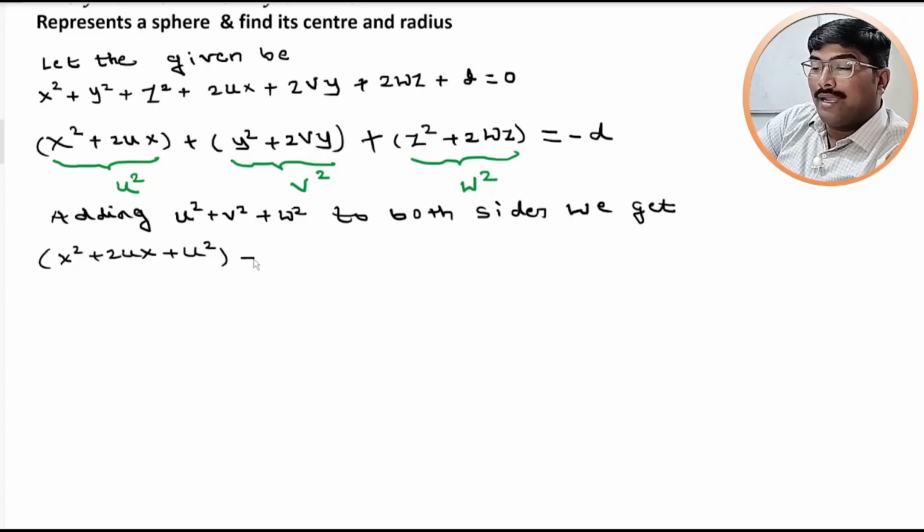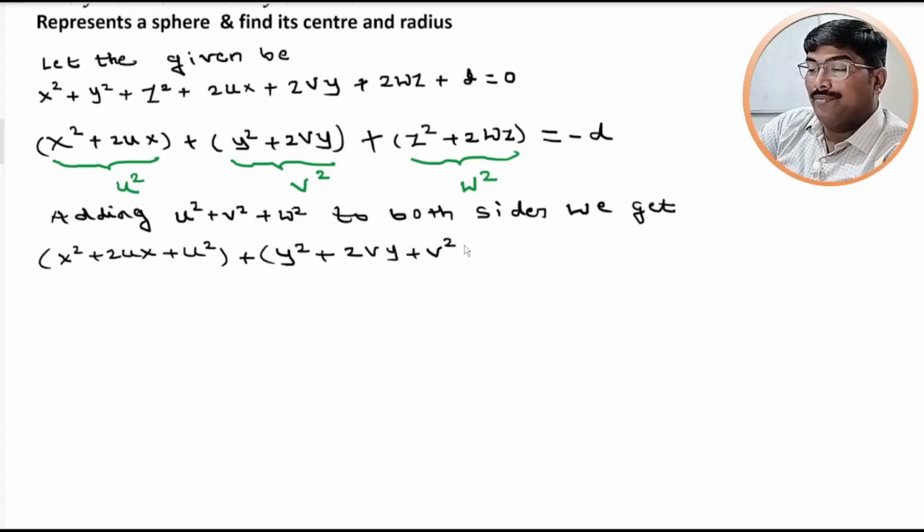Similarly, to the second bracket we have to add v square, means you will get y square plus 2vy plus v square. And to the third bracket we have to add w square, so that we get z square plus 2wz plus w square.